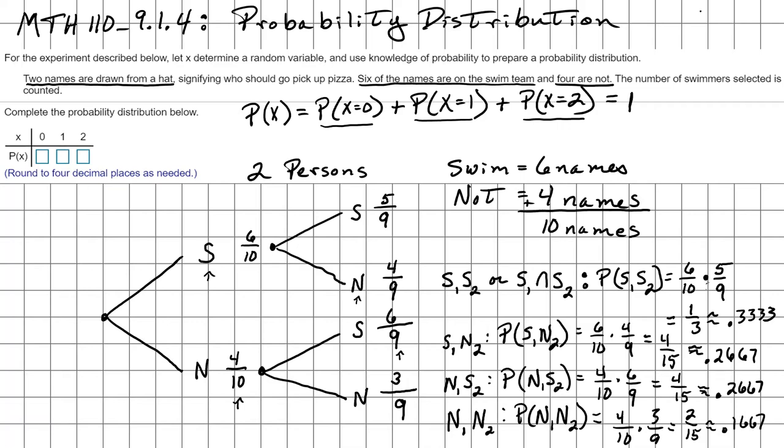And now what we're going to do is we're going to take those 4 probabilities and put those probabilities in place.